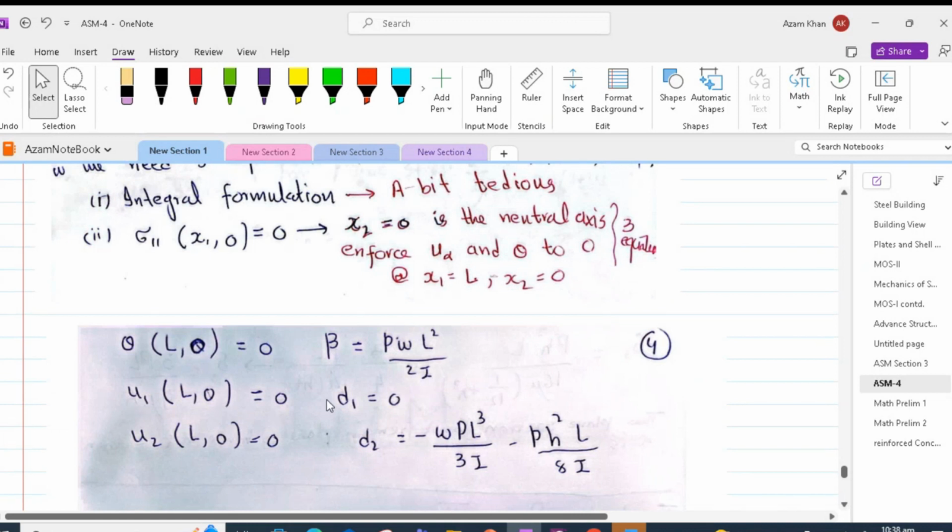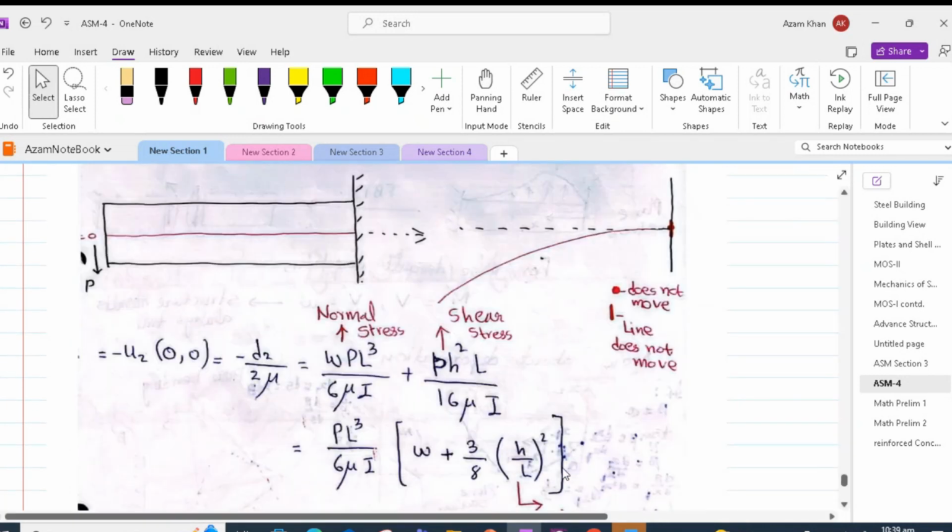Similarly, in u1, if we plug values, we get d1 equal to 0 and d2 equal to wpl cube by 3I minus ph square l by 8I. So essentially, what we have said is that our neutral axis does not move up and down, and a small piece which is perpendicular to our neutral axis doesn't rotate.